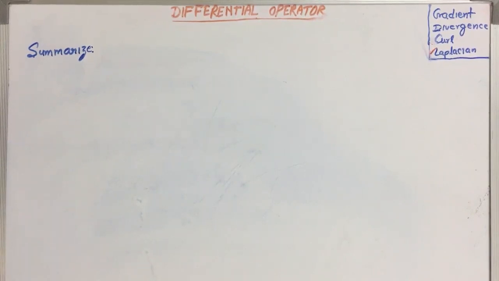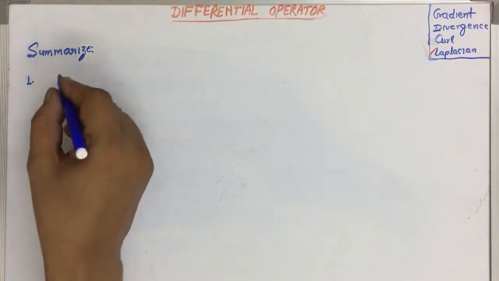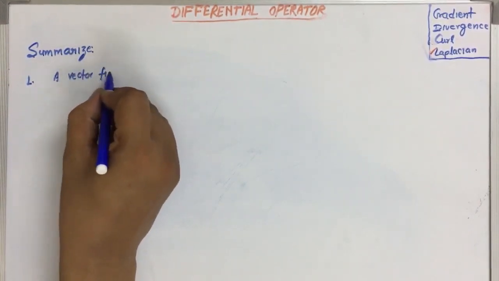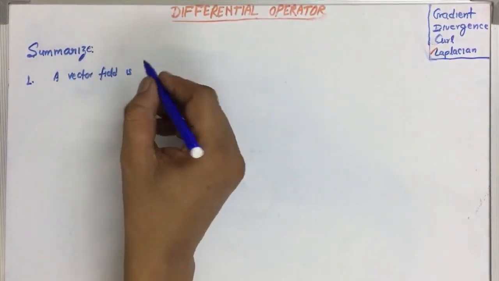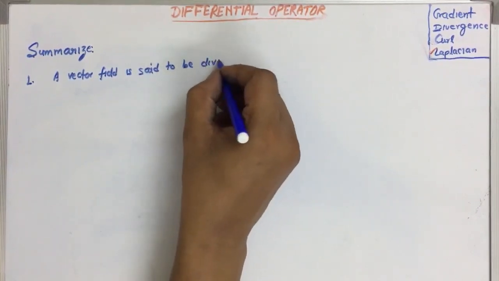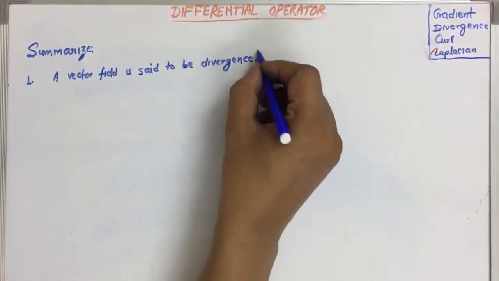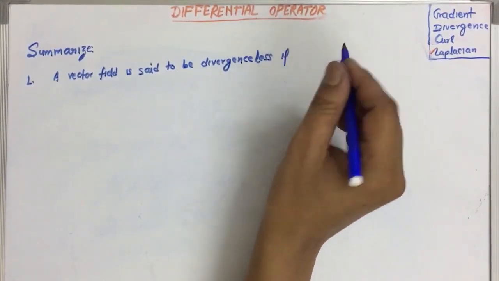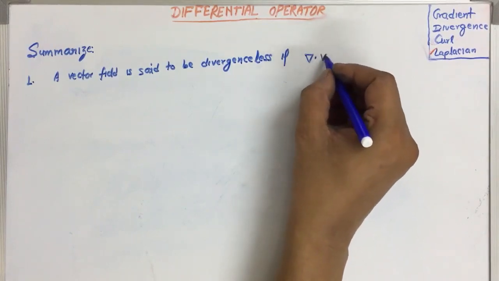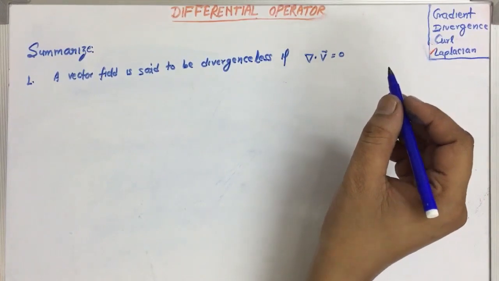The first one is related to divergence: a vector field is said to be divergence less if the divergence of the field is 0.